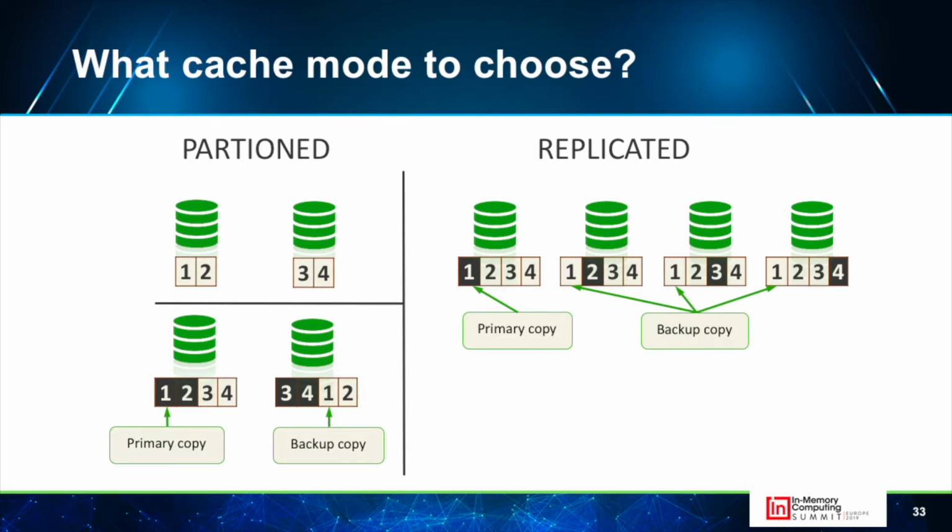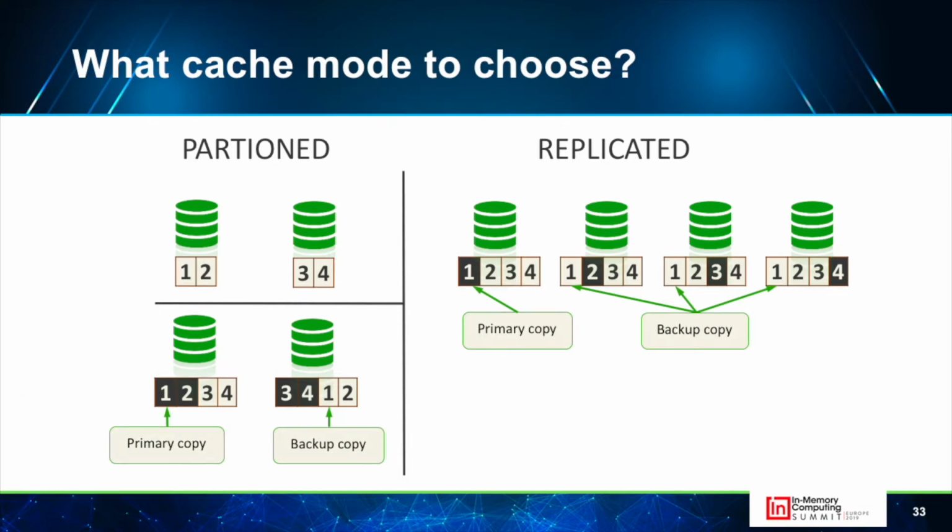Actually, we didn't choose the right cache mode. Apache Ignite supports three cache modes: local, which is not listed here, and partitioned and replicated cache mode. We can choose between two of them.